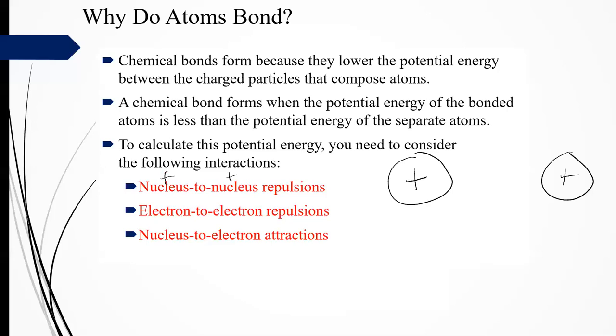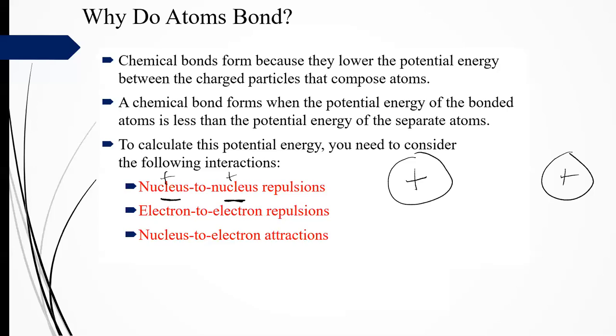There's only so far we can bring them before they push too hard against each other. Electron-electron is because these are negative and these are negative. As our electrons travel around our nuclei, the electrons also want to keep a certain distance between each other, because they repel each other because of their charge.